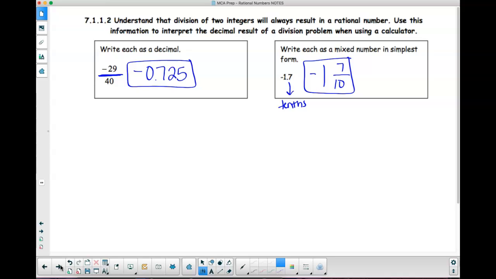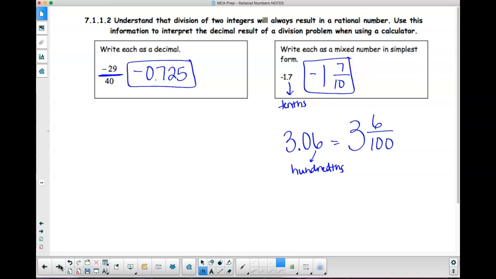Okay, so let's try another one. What if I gave you this? 3.06. How would I write that? 3, 6 over 100. This would be 3 and 6 hundredths, because the 6 is in the hundredths place.